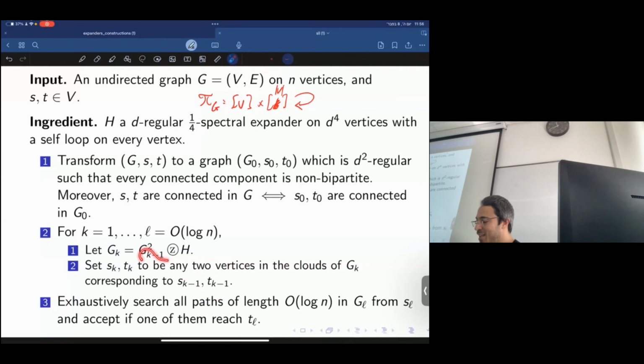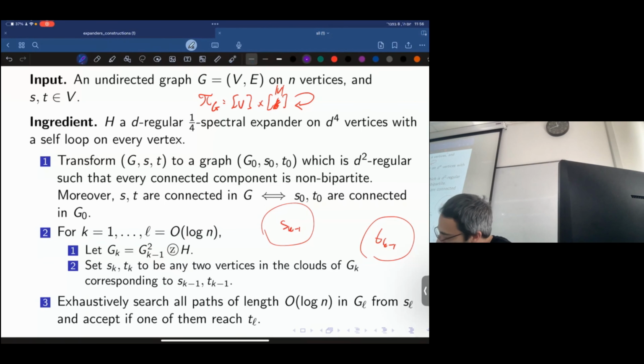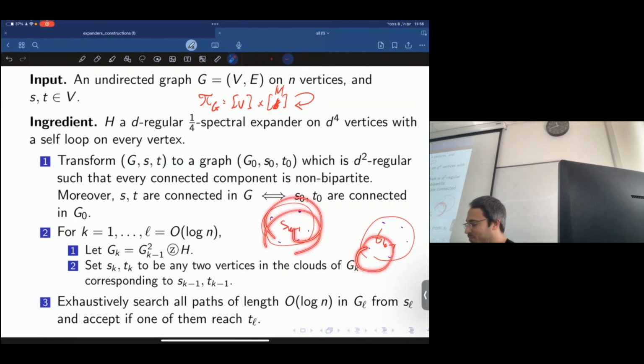So what do I mean? G_{K-1} is a graph. You have S_{K-1} and T_{K-1} sitting in clouds. S_{K-1} and T_{K-1} are vertices in G_{K-1}. When you square, nothing happens to the vertices, but when you zigzag, the vertices go away and become a cloud. The actual vertices are now sitting inside, d to the 4th vertices in every cloud.